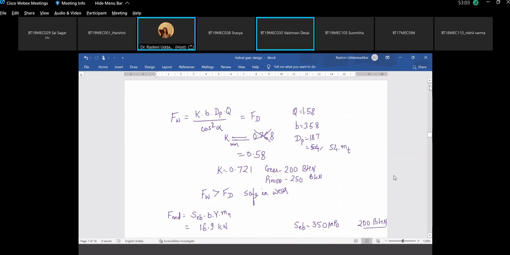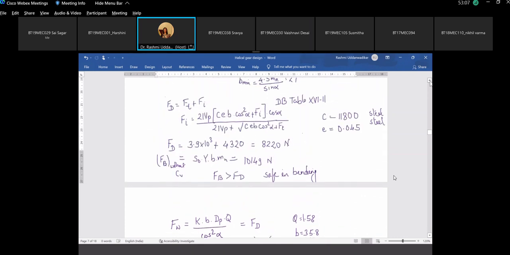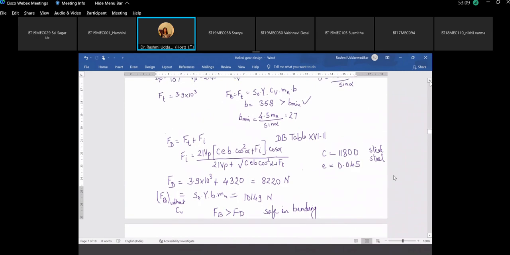If you could ask someone to recheck. FB with CV was coming out to be 3.9, so it's almost 4 kilonewton. And without CV is 10 kilonewton. The value of CV is the calculated value. How much?